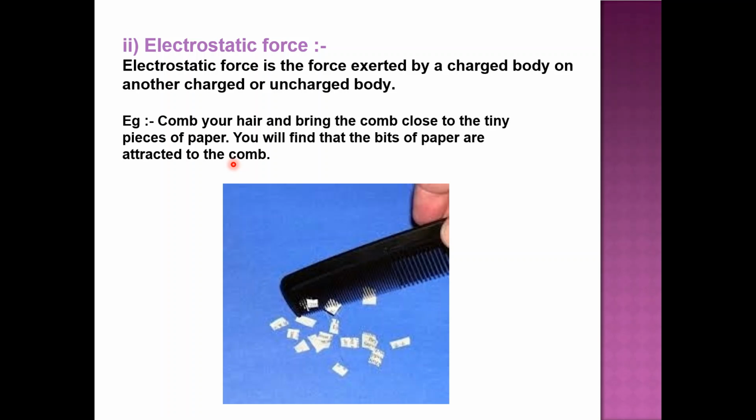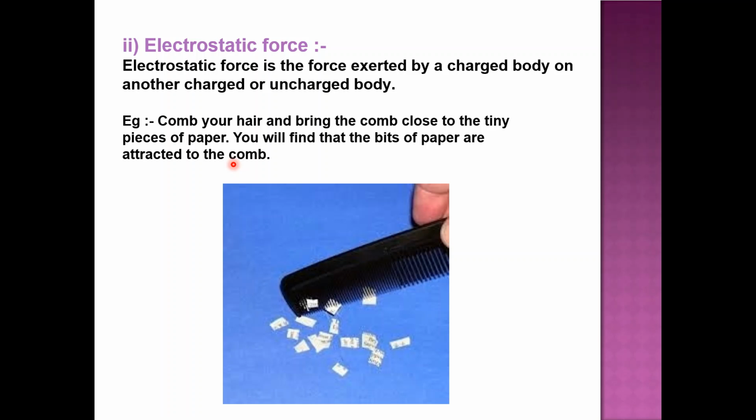How is this all happening? This is happening due to electrostatic force, because when balloons are rubbed against a sweater, the balloons get charged. They acquire electrostatic force, and with the help of this electrostatic force, balloons stick to the wall.